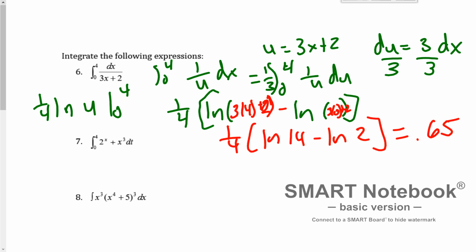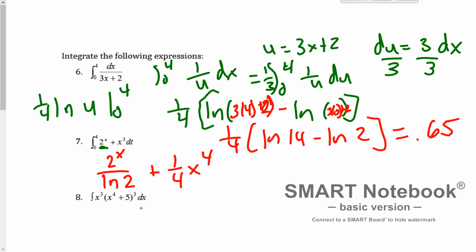Okay, this one. Here we have another rule when we're taking some base raised to x, and that is 2 to the x over ln of the base, which is 2. And then taking the integral of the x cubed is just adding 1 and dividing by whatever that new exponent is.